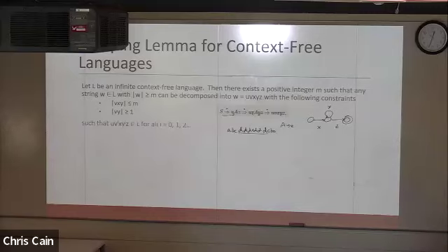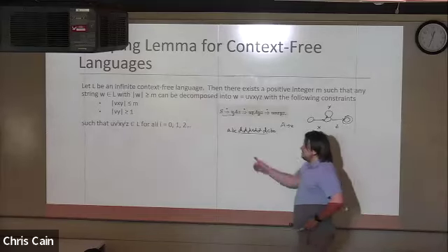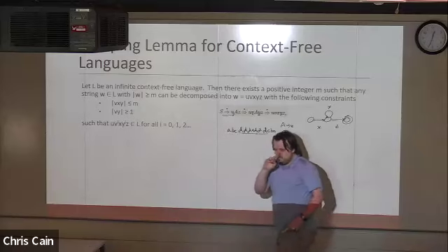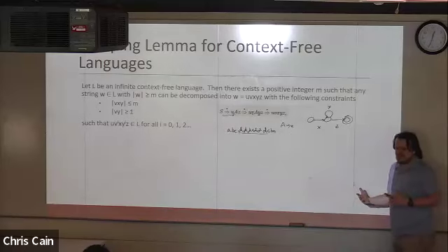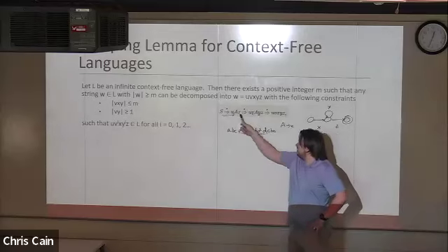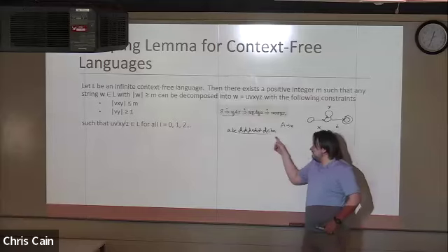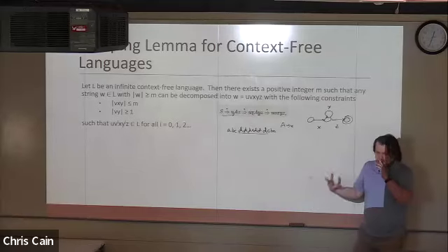So this tells us now that all strings u, v to the i, x, y to the i, z are in the language. That's what we can really conclude from this process, is we know that we're recursively defining this v and y as the before and the after in a single instance of this recursion.